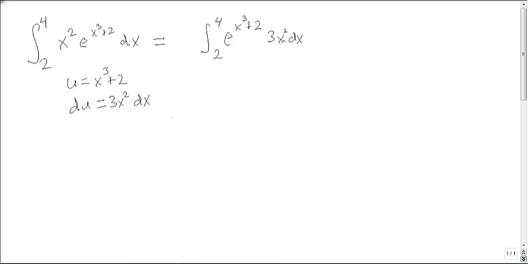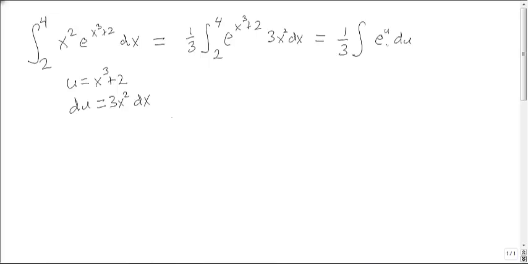Now I've got my x squared already. This 3 just sort of appeared here, so I need to compensate for that. Multiplying by 3, I can compensate by multiplying by 1/3 out in front. And so now what I get is 1/3 times the integral of e to the x cubed plus 2, which is e to the u, and then the 3x squared dx is du.